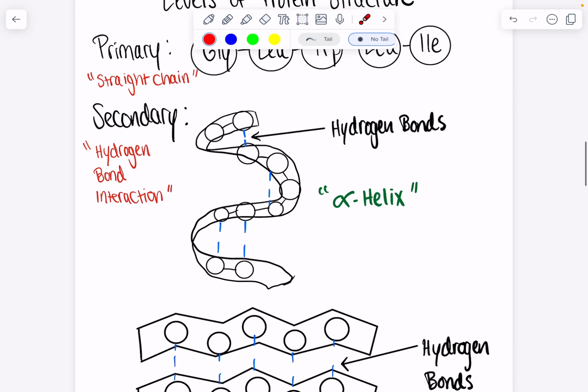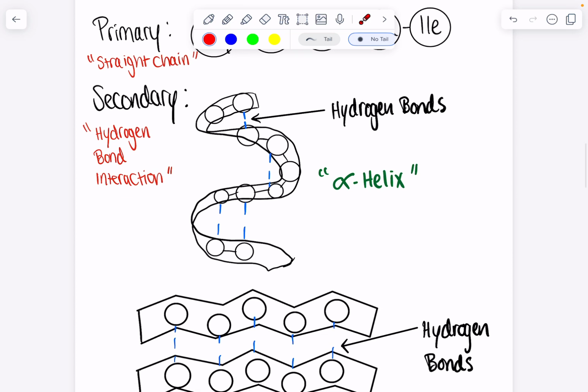Next, we have the secondary structure of proteins. We have one shape called the alpha helix.